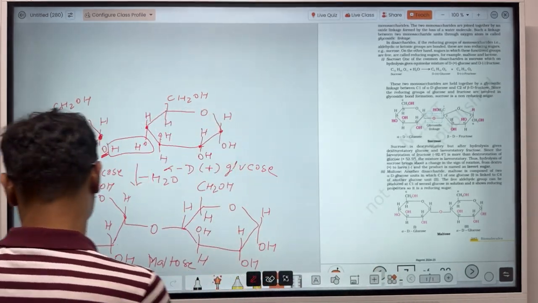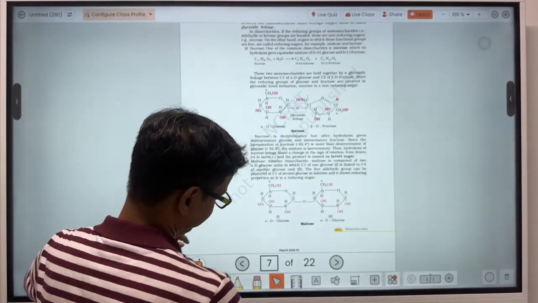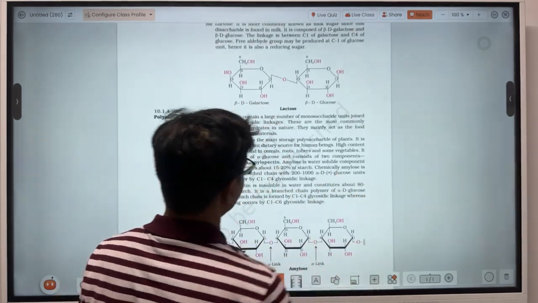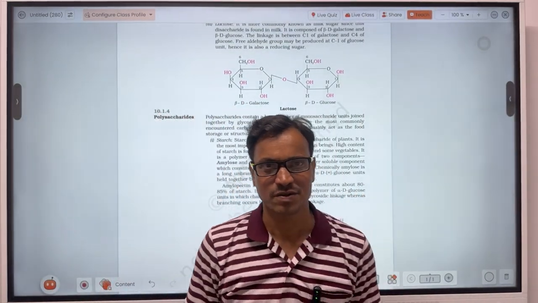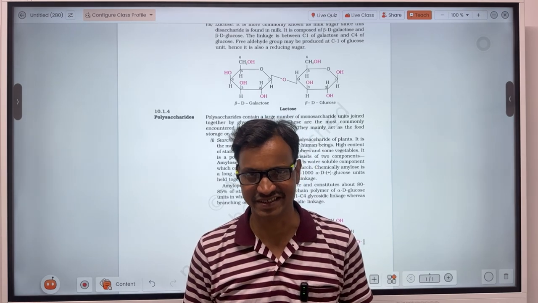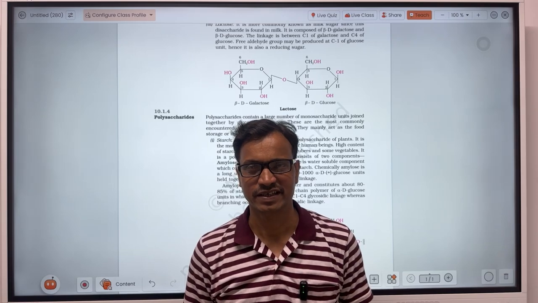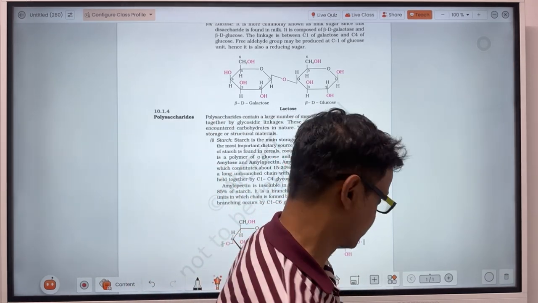Now let's see lactose. Lactose is also called milk sugar, because it is obtained in milk. That's why lactose is called milk sugar. Now let's see the structure.